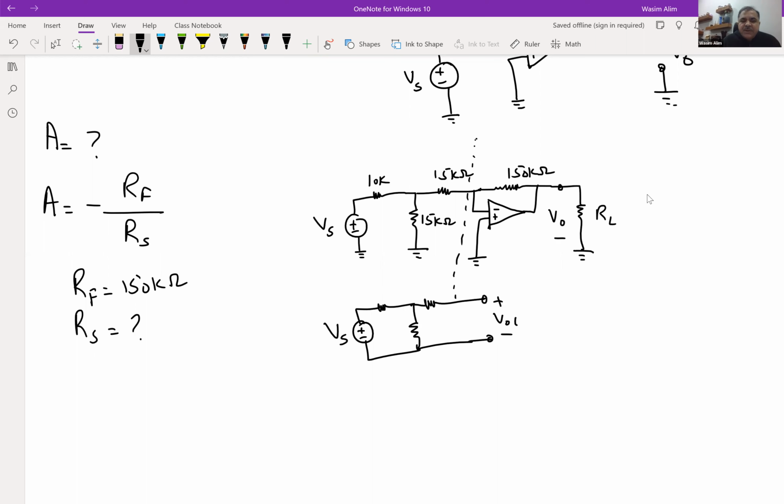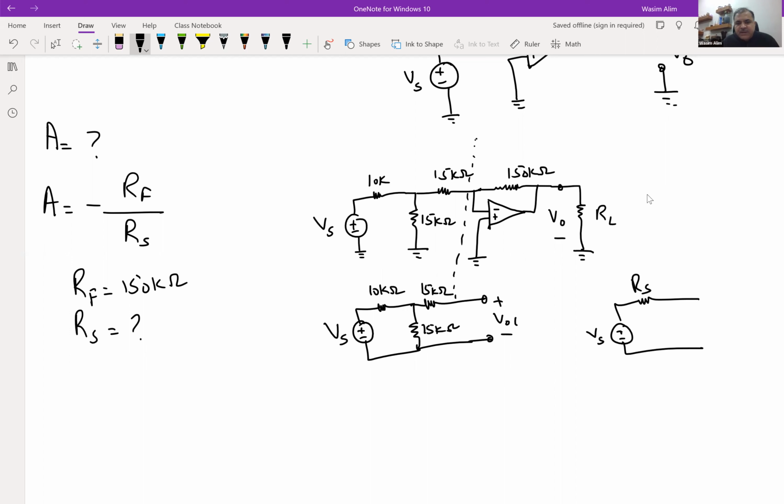So here we have these three resistors. There are different ways we can approach this. The goal is to bring this circuit to this form. One way to find R Thevenin is by shorting voltage sources and open-circuiting current sources.